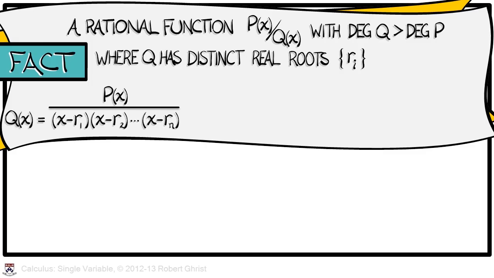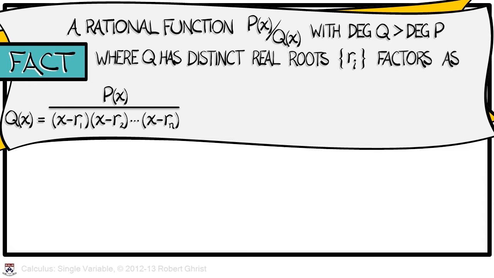That is, we're looking at an integrand of the form polynomial p over (x − r1)(x − r2) and so on, all the way up to (x − r_n), where q has n distinct real roots.